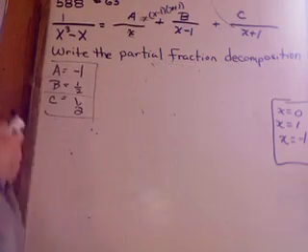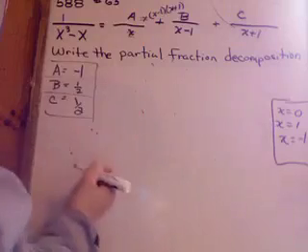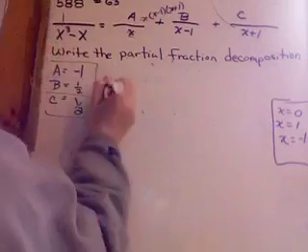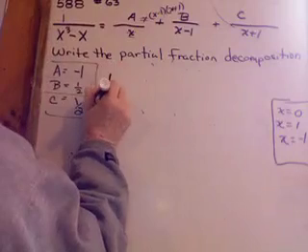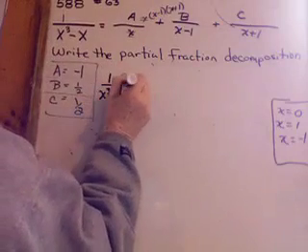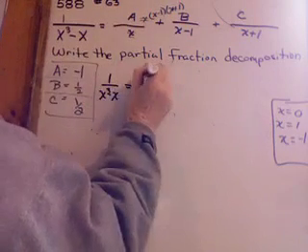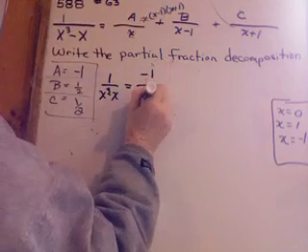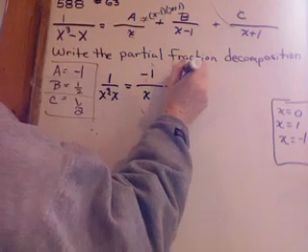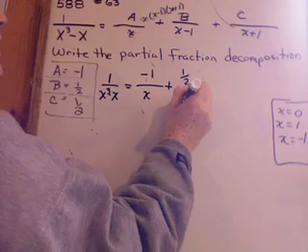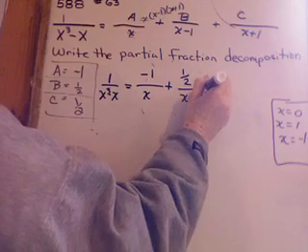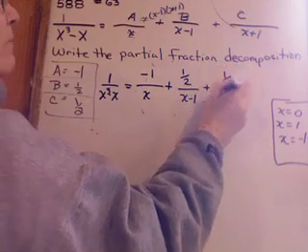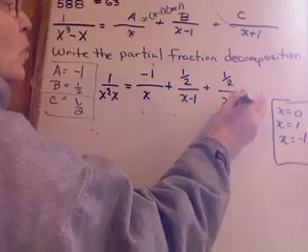Okay, so now that I solved for a, b, and c, I can rewrite this problem as 1 over x to the third minus x equals -1 over x plus 1/2 over x minus 1 plus 1/2 over x plus 1.